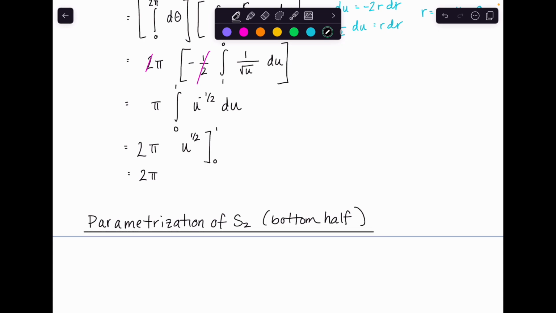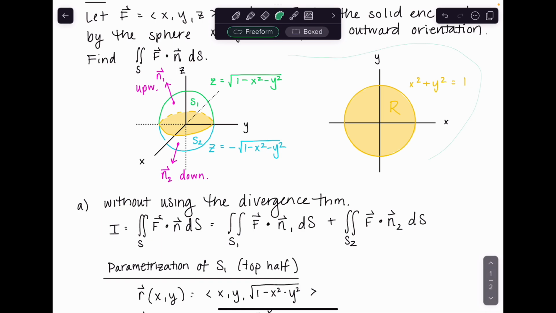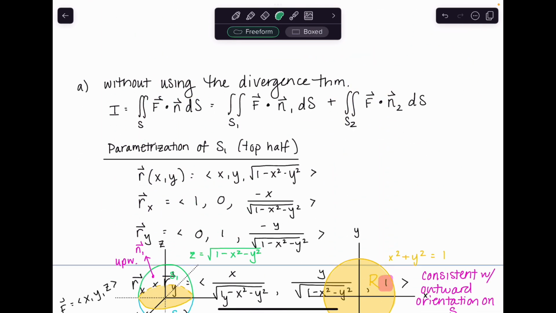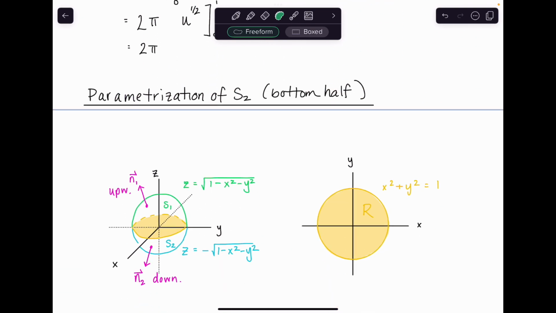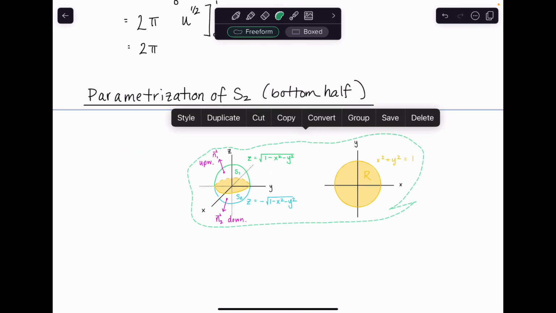You're really going to use exactly the same thing. The only difference is that the z component is going to be negative to be the bottom half of the sphere. So I do want to bring all of these pictures down just so we have it. Just to save us a little bit of time from copying it, we can at least shrink them a little bit.